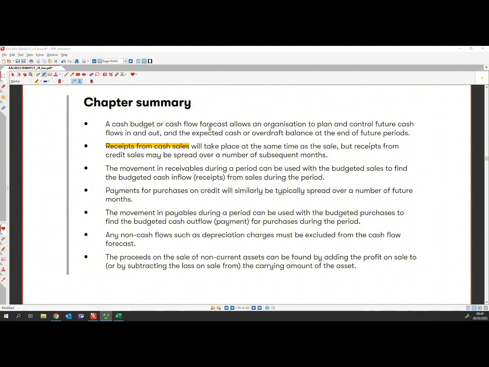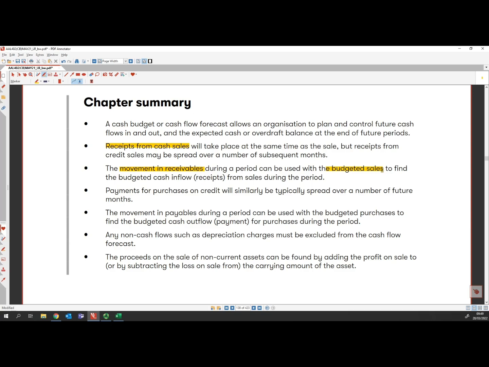Remember also that you can work out what the budgeted cash inflow from customers would be from looking at the movement in receivables in conjunction with the budgeted sales.